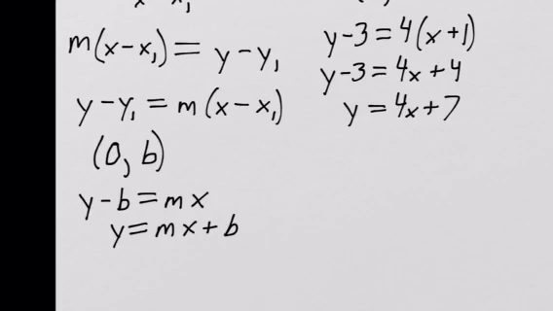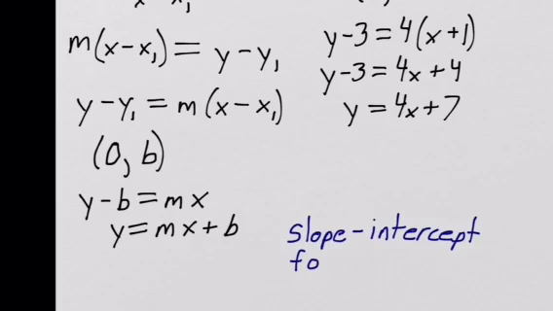We get y equals mx plus b, and that is commonly known as slope-intercept form of the equation.